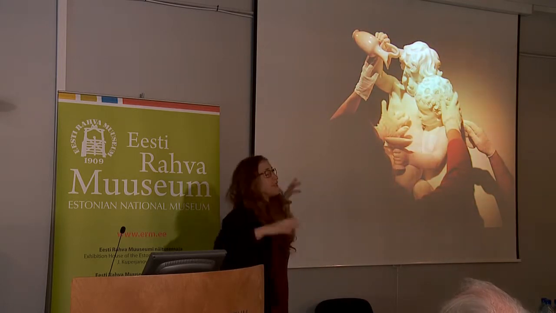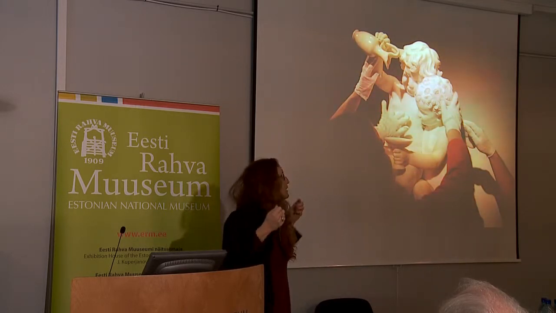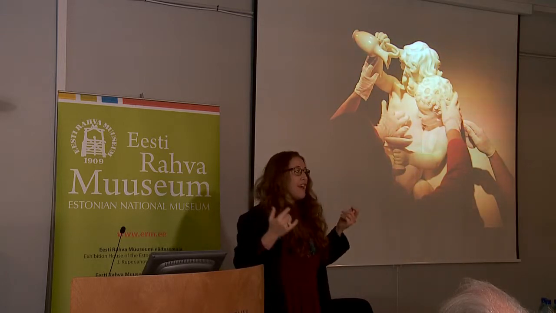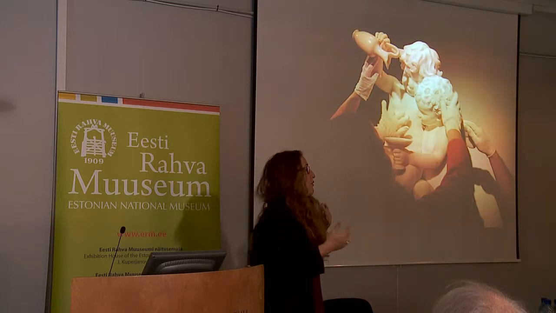It was very interesting because they touch these sculptures and then they say, well, I imagine this curly brown hair and this olive skin. These are the things that we, as sighted people, don't imagine.